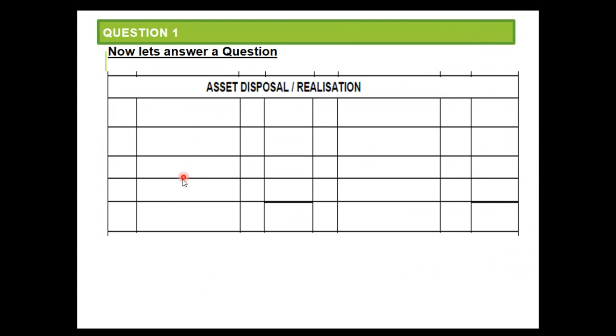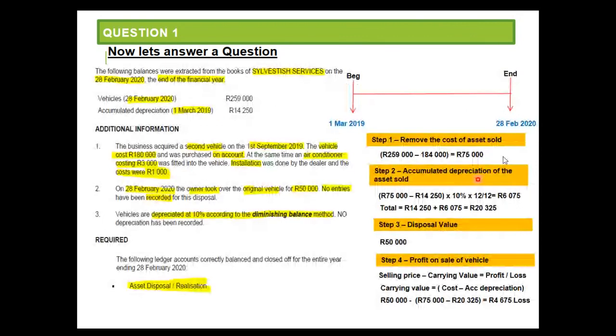Now I'm going to come to step number 2, the accumulated depreciation. Again, remember here the two accounts will be accumulated depreciation and asset disposal. Again, don't look at the asset disposal to decide on the side. You need to look at accumulated depreciation, because I'm taking it out.